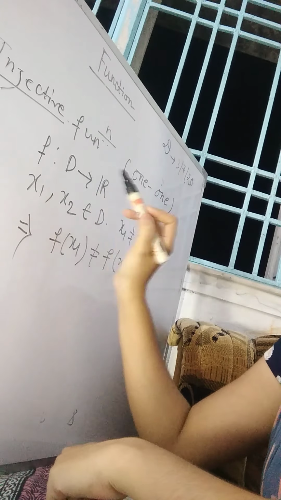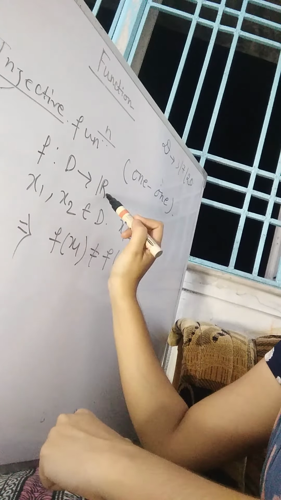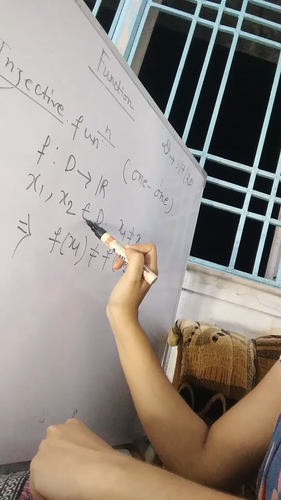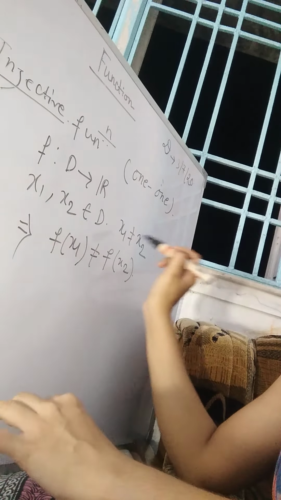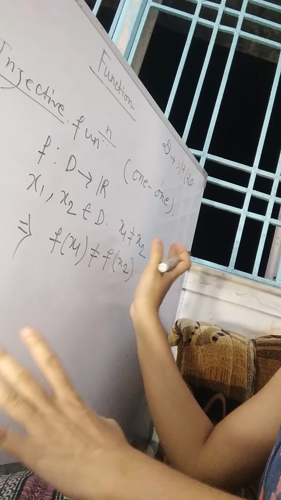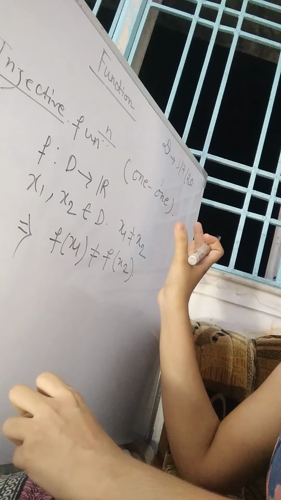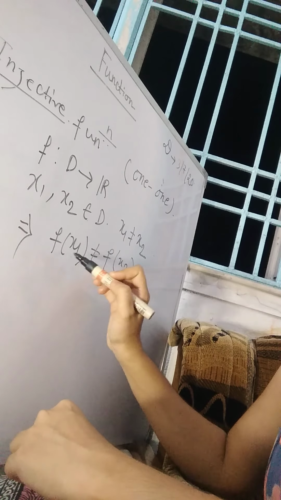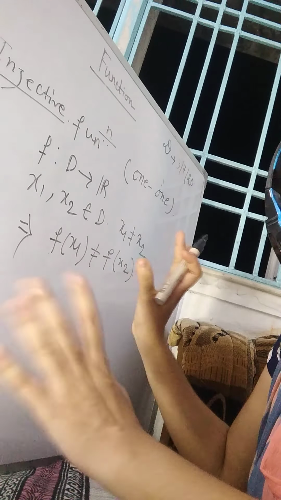Is that clear? If D is the domain of the function f, where f is defined from D to R, the real number set, where x1 and x2 belong to D with x1 not equal to x2, that means x1 and x2 are both distinct.